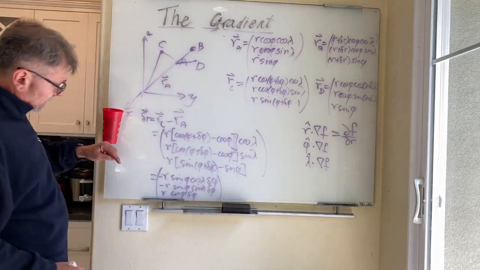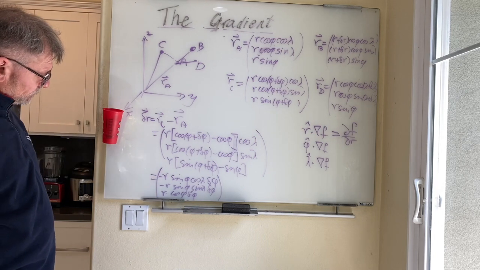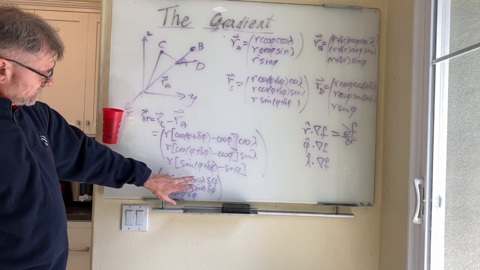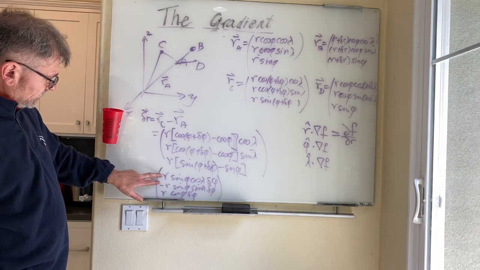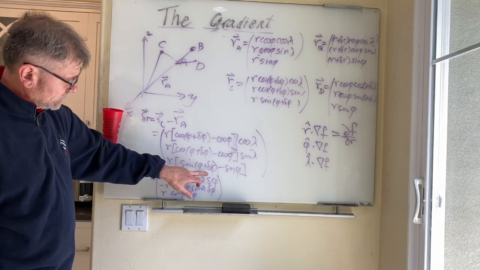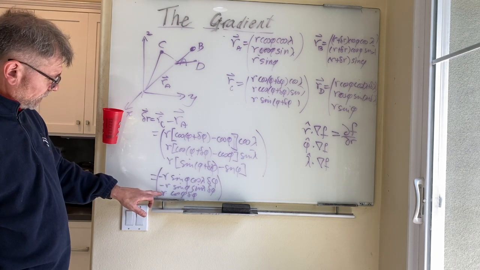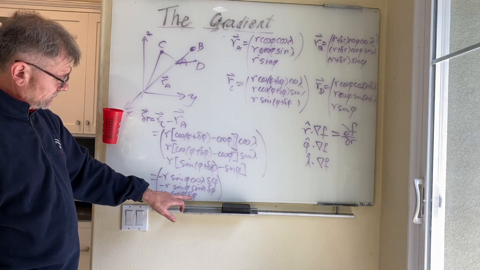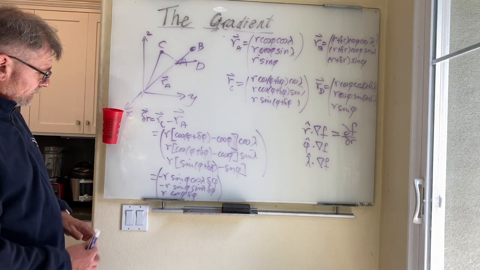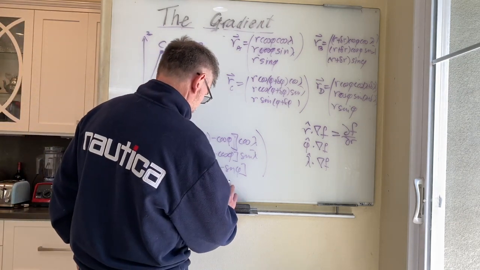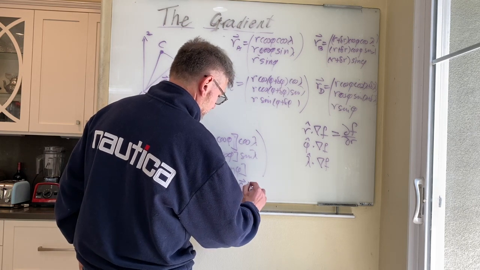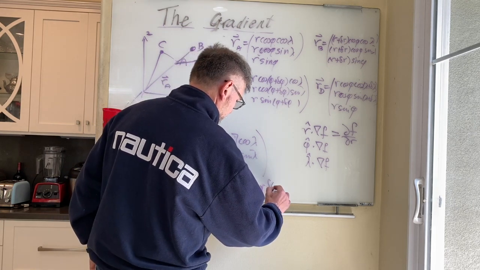Now if I want to get the magnitude, I will just square the components and take the square root. You can see quickly that if I square and add the first two components, the lambdas will go away, and I'll be left with just r squared sine squared phi delta phi squared, and the last one r squared cosine squared phi delta phi squared, and so the cosine and the sine will go away. All I'll be left with for the magnitude is that the magnitude of delta r is just r delta phi.